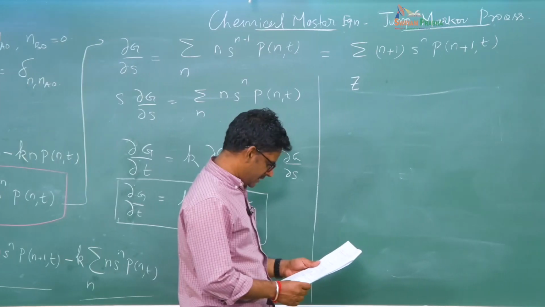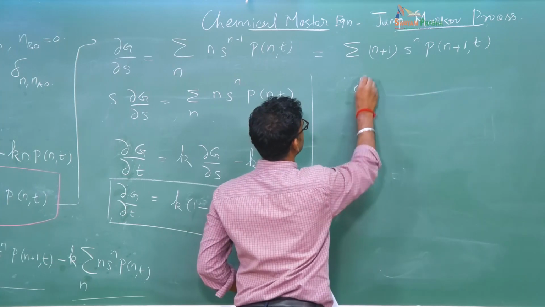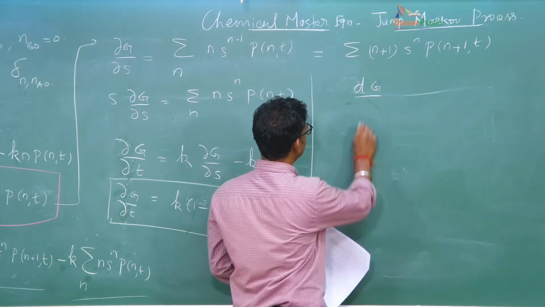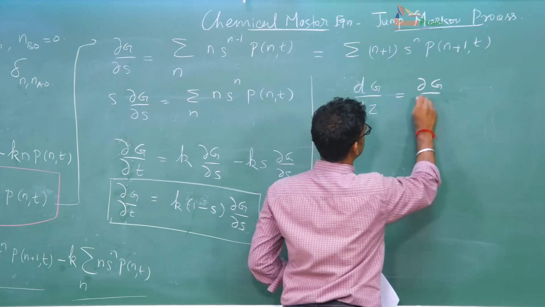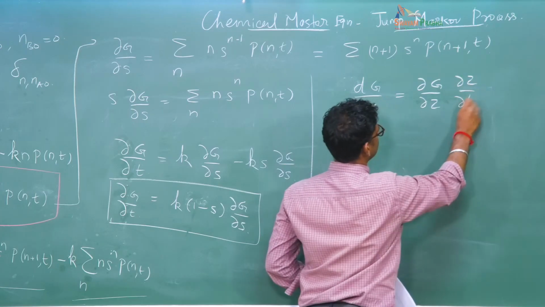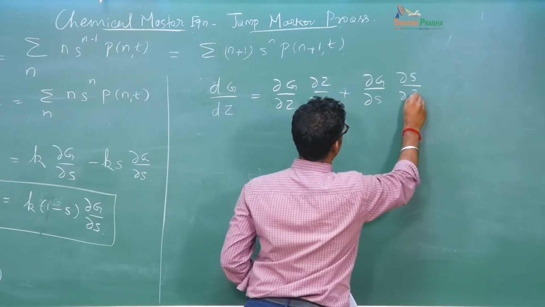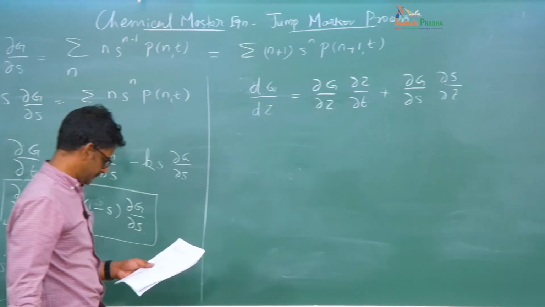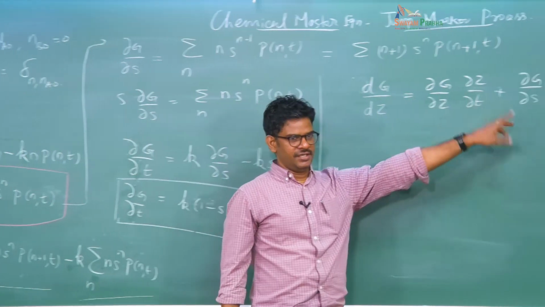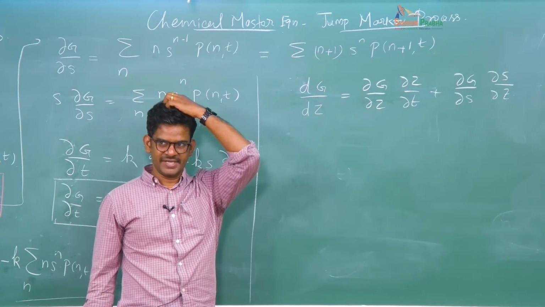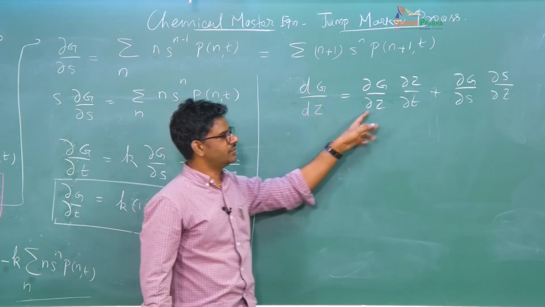So what we will do is we write a new variable, dg by dz. G is a function of S and T, and I want to look at a new variable Z, such that I can write the derivative of dou G by dou Z using the chain rule.